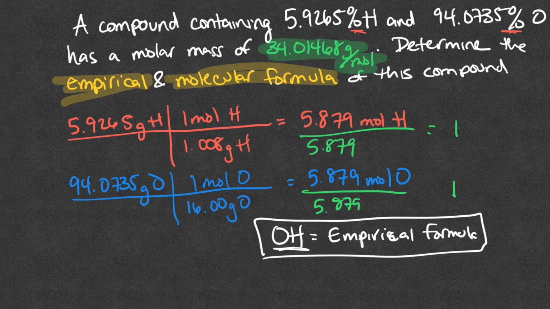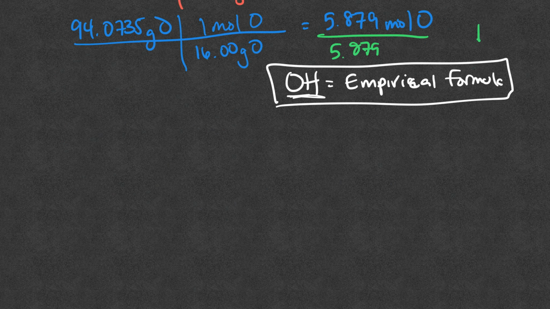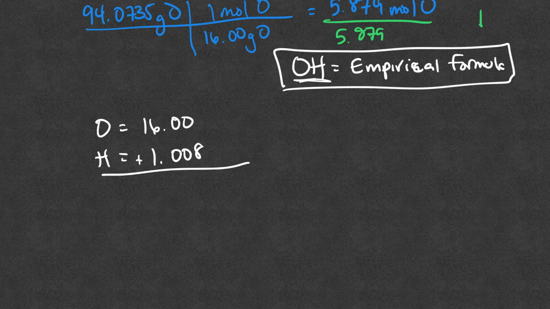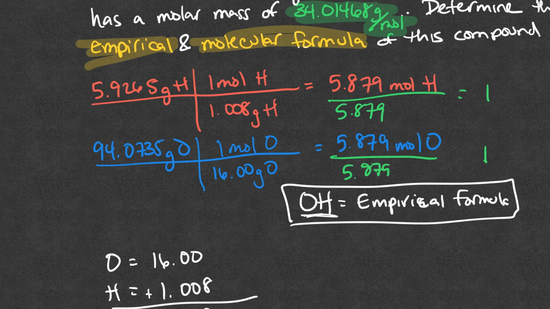We have oxygen, whose molar mass is 16.00, and hydrogen, whose molar mass is 1.008. When we add this up, we get 17.008 grams per mole. So this is the molar mass of OH, or what we call hydroxide. Now we need to figure out how many times bigger the molecular formula is compared to OH. Let's go back to our problem.